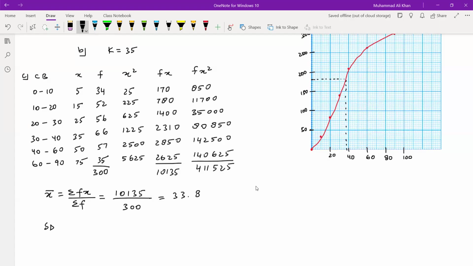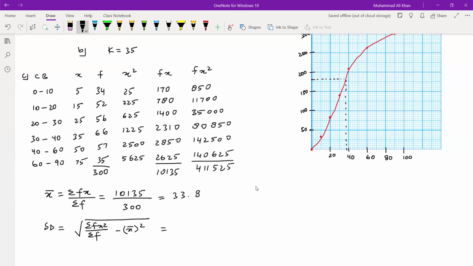And standard deviation is the square root of summation of fx squared divided by summation of f minus mean squared. I'm just replacing the values in the formula and calculating the result. So it will be 411525 divided by 300 minus 33.8 squared.